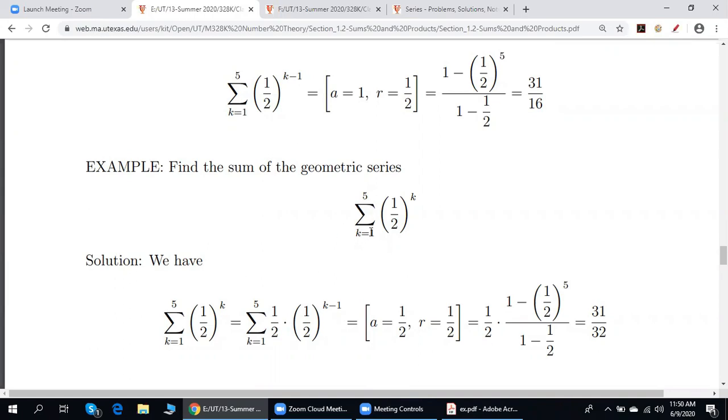The sum from k equal to 2 to 5 is equal to the sum from k equal to 1 to 5 minus 1/2. So if instead of 1 we have 2 here, the answer will be 31/32 minus 1/2.